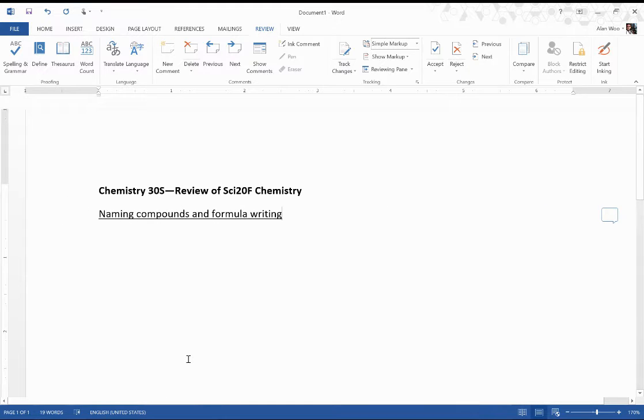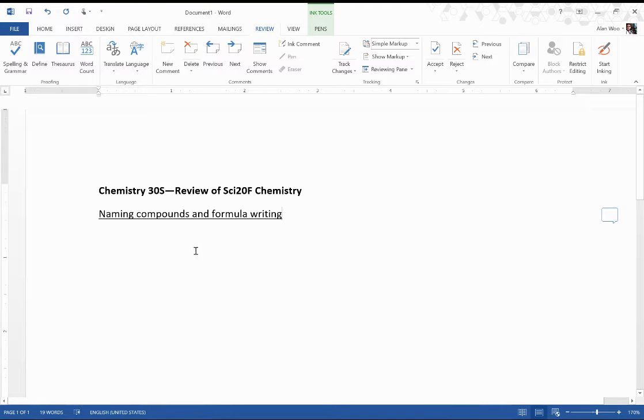Okay, so when you're looking at a compound, it's usually made up of atoms. You have two particular types of atoms that you can use: metal atoms and non-metal atoms. The metal ones are generally on the left side of the periodic table.